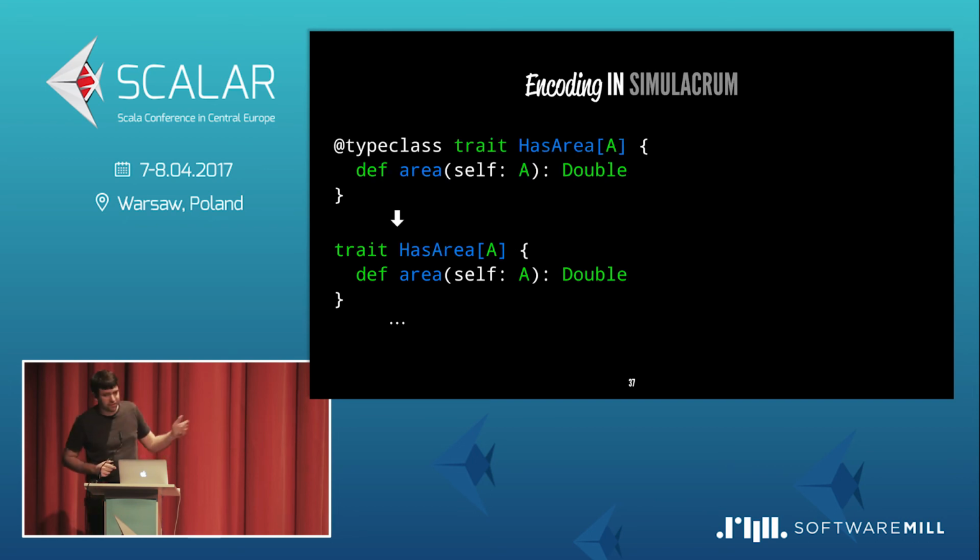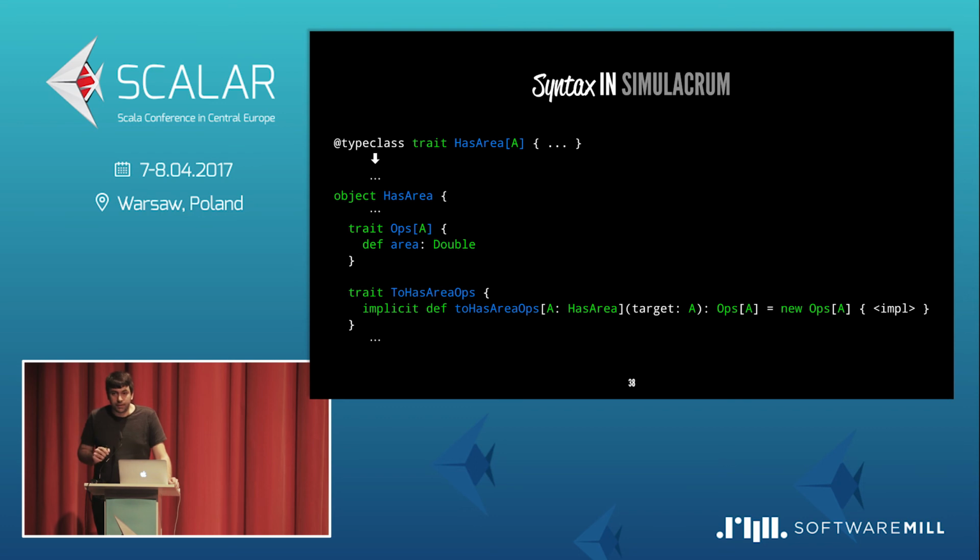First, it's going to define that trait, that type class we wanted. Second, we now know that we need those object-oriented forwarders, those things to call area directly on objects. Simulacrum is going to generate that code for you, and it's going to generate a trait Ops[A] that ends up doing the right thing for forwarding the object. The details here are not important.